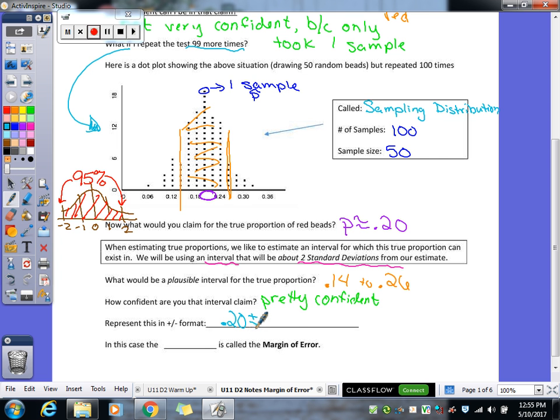So it's 0.20 plus or minus 0.06 is how we get our interval. By subtracting the 0.06, we get to our 0.14. Adding it gets us up to our 0.26. In this case, that 0.06 is what we call our margin of error. Now, it's not saying that we actually made a mistake. It's just saying that based on which samples we choose, it could end up being anywhere within that range.